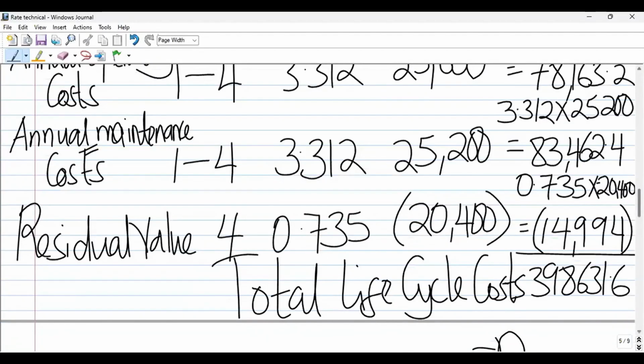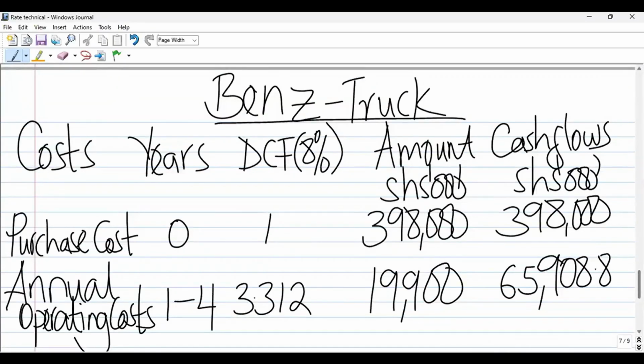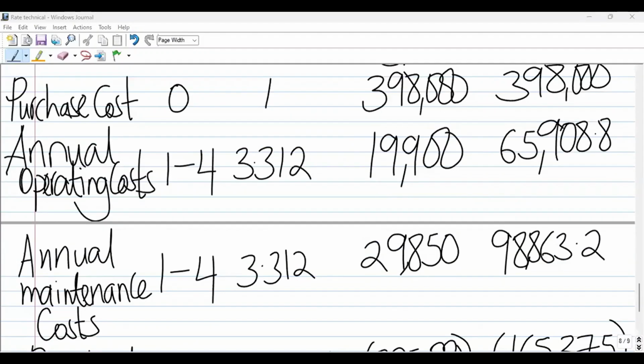So we are going to write that. Remember, they told you to use life cycle costing to advise MMD on which truck to purchase.